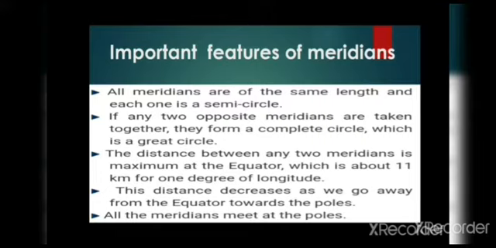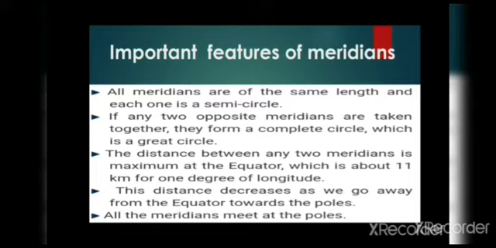The distance between any two meridians is maximum at the equator, which is about 111 km for 1 degree of longitude. This distance decreases as we go away from the equator toward the poles. All the meridians meet at the poles.